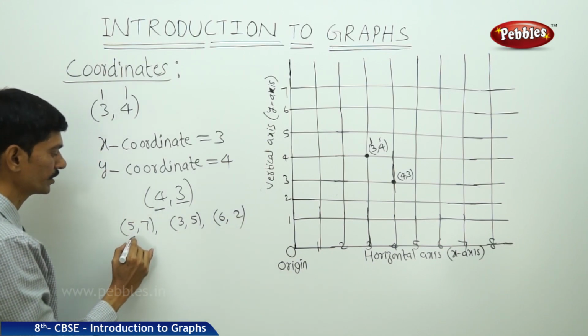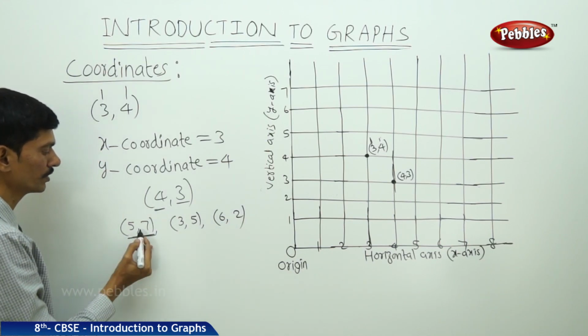Now first you consider the point (5, 7). What are the coordinates of this point?